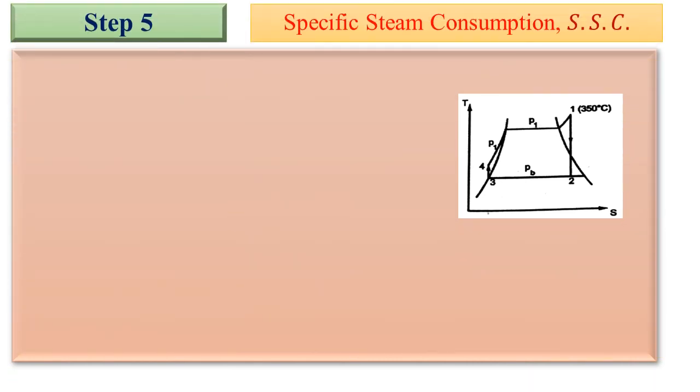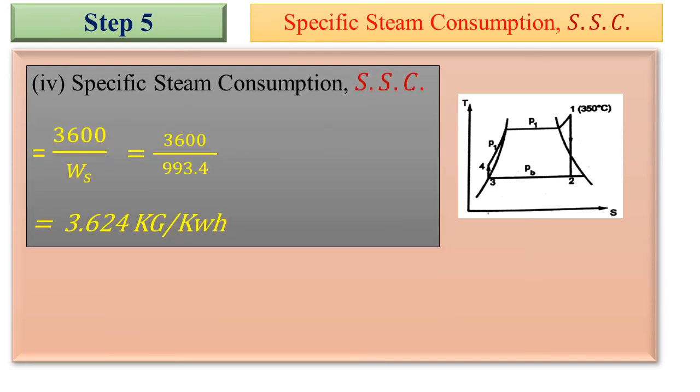Step number 5. Lastly, it was asked to find out specific steam consumption. How to calculate specific steam consumption? It is always represented by SSC. Its formula is 3600 upon net work done. Net work done is nothing but shaft work, that is turbine work minus pump work, which we have already calculated on the previous slide.